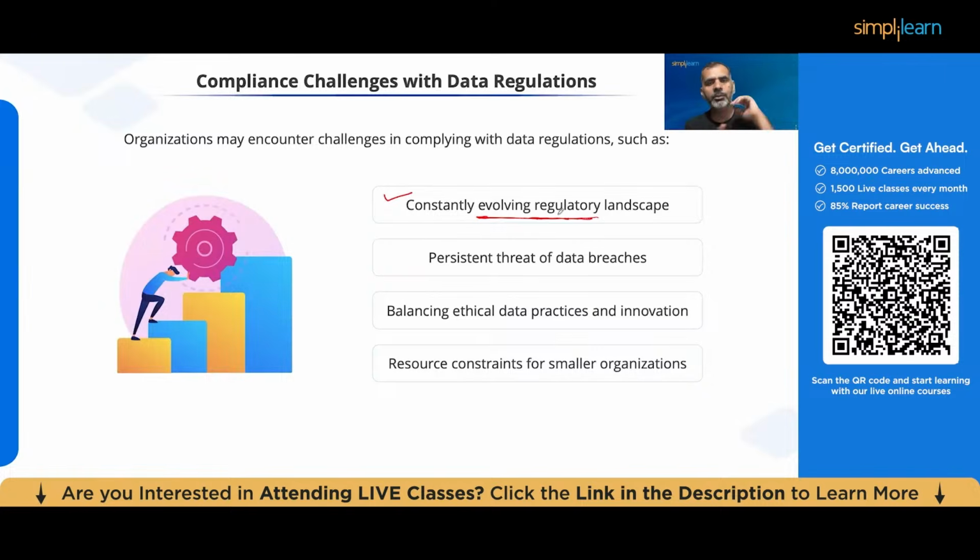You have to change your complete database schema if there are any regulatory changes. Then there is always a persistent threat of data breaches, which I said, attackers and hackers are always there to find a new way to introduce privacy breaches or data breaches in your systems. Now, next is balancing ethical data practices and innovation.